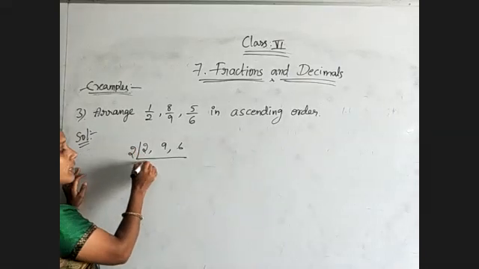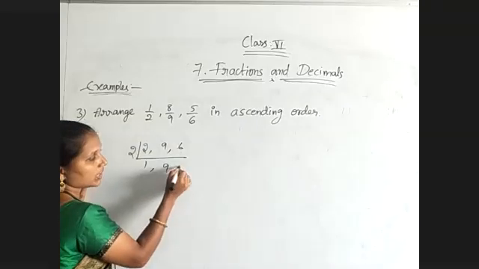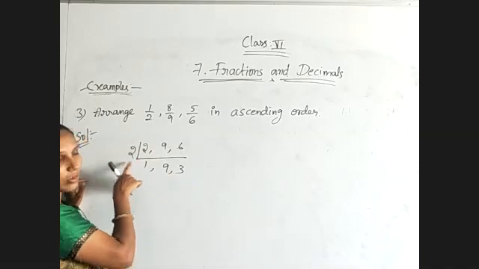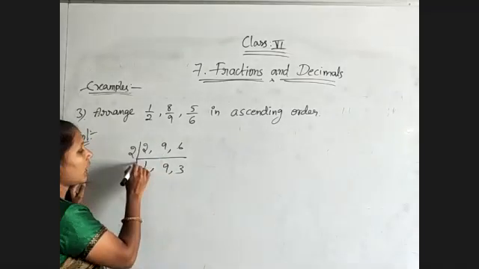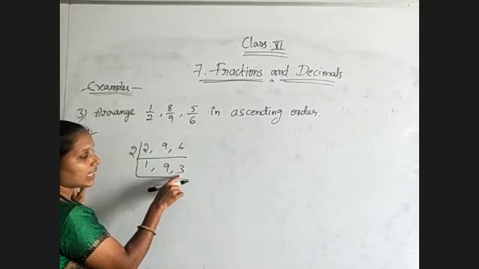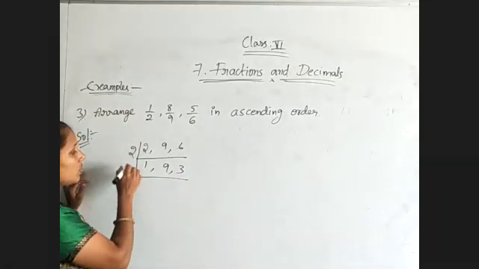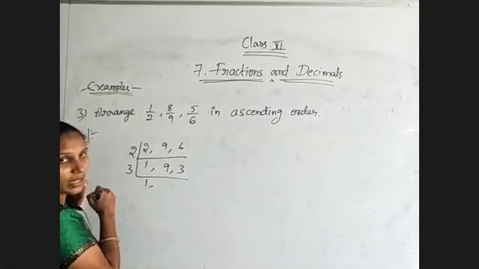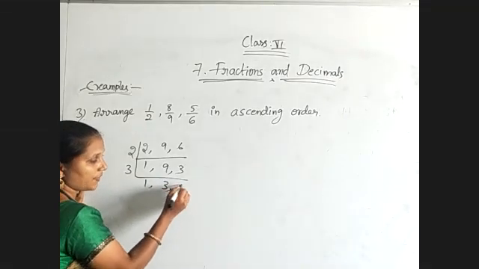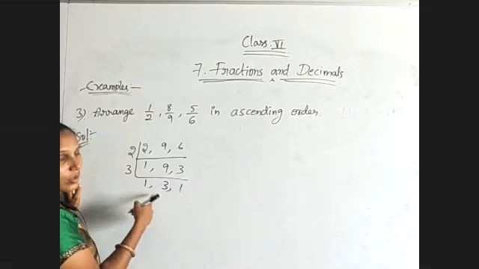So here 2 ones are 2, 9, 2 threes are 6. Because 9 we will not get in the 2 table, that's why 9 as it is I am writing. Now 9 and 3 both will get in the 3 table. So 1 as it is, we write, 3 threes are 9, 3 ones are 3. Just 3 is left, so leave it here.